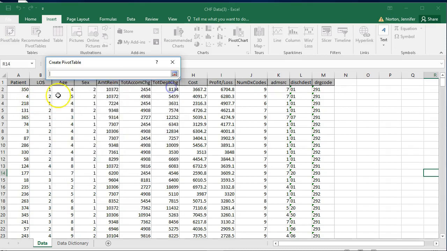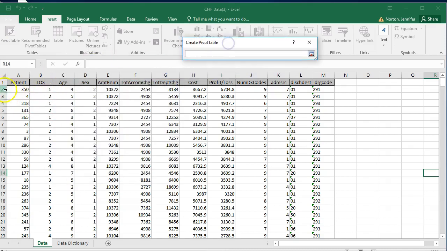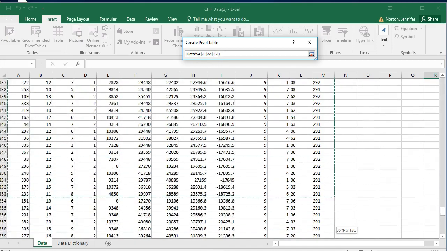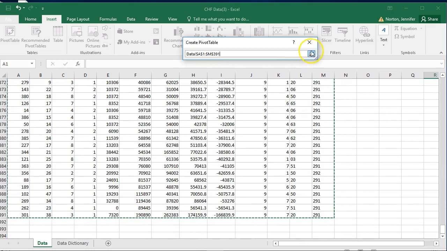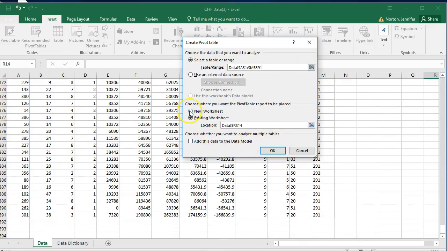We are going to collapse this, move it out of the way. We want all of our information in our pivot table, and we're going to put it in a new worksheet.